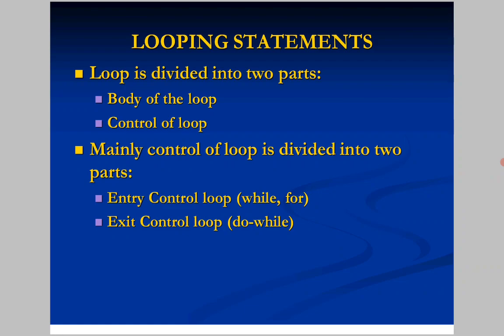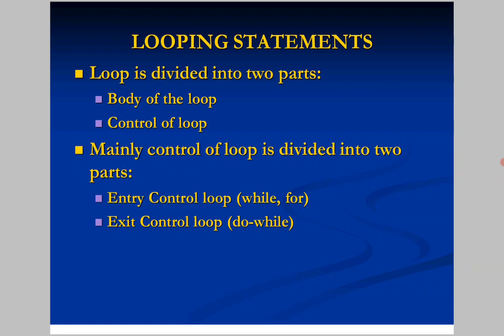Conditional statements are used to test a given condition, whereas looping statements are used to execute a set of statements for a fixed number of times. So control statements are of two types: first looping statements and second conditional statements.